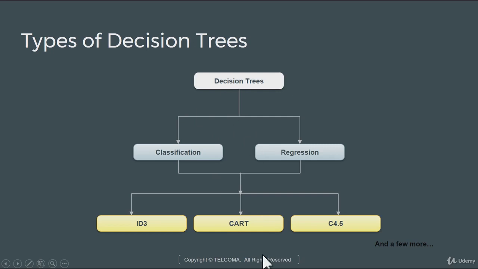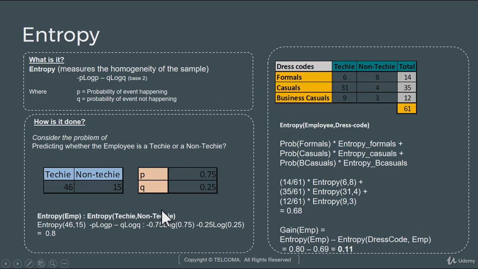Each of these techniques differs in the base algorithm it uses for selecting them. The one we just discussed is exclusive to ID3 when you're considering classification. This could only be leveraged in a scenario where we have classification problems, where you're differentiating between a techie and non-techie. Had you been trying to predict the number of years an employee would stay loyal to a company, that would be a continuous problem.